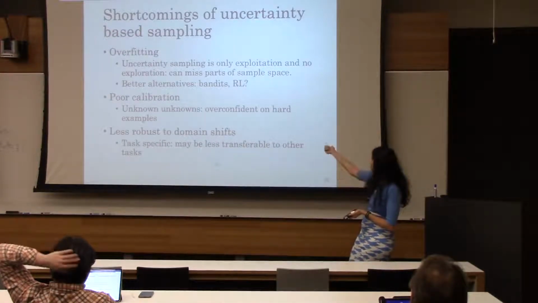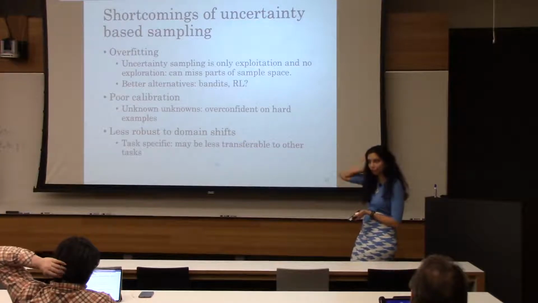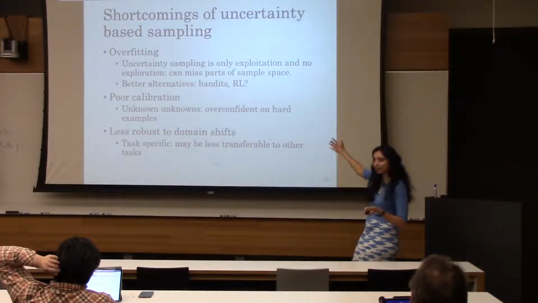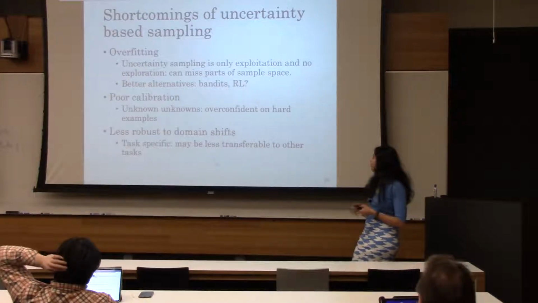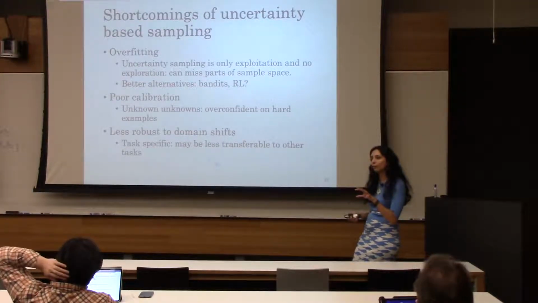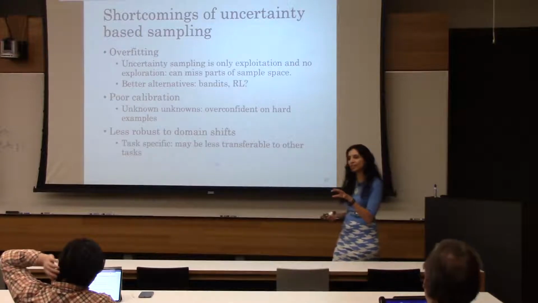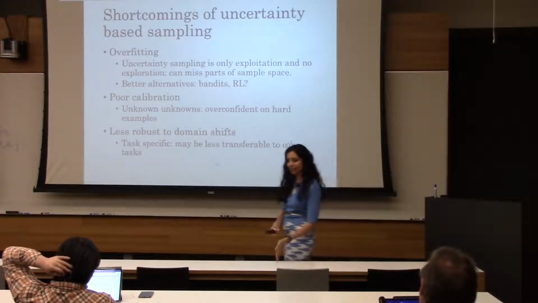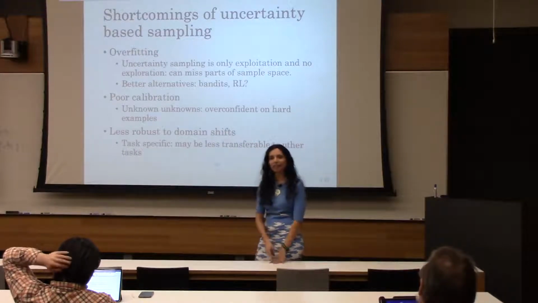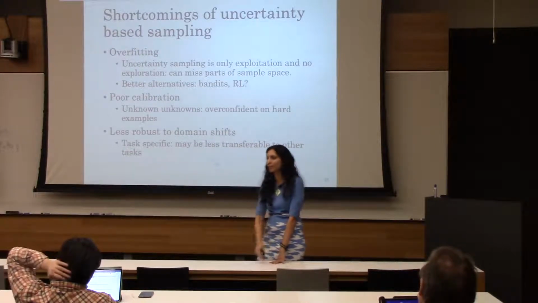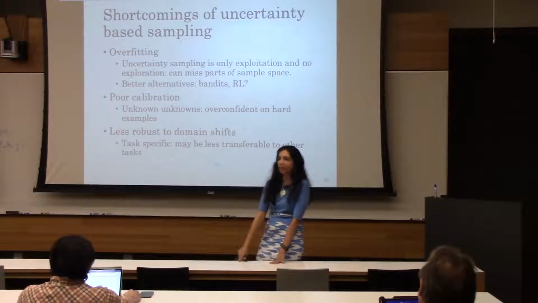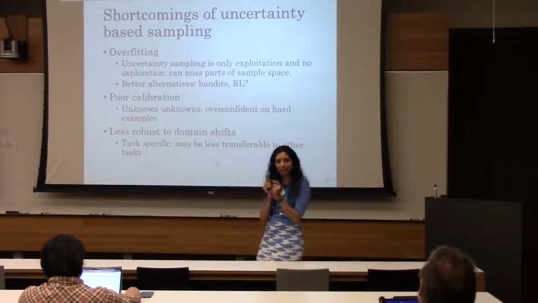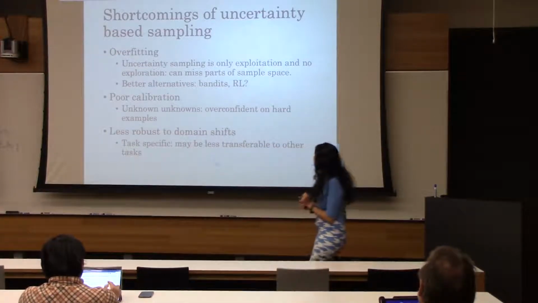That's because, if you look at this through the lens of general interactive learning, which includes bandits and reinforcement learning more generally, this form of uncertainty sampling is only doing exploitation. There is no exploration, because it's looking at the results of the current model and picking the most uncertain. So that's exploitation, and this overfitting stems from that issue.